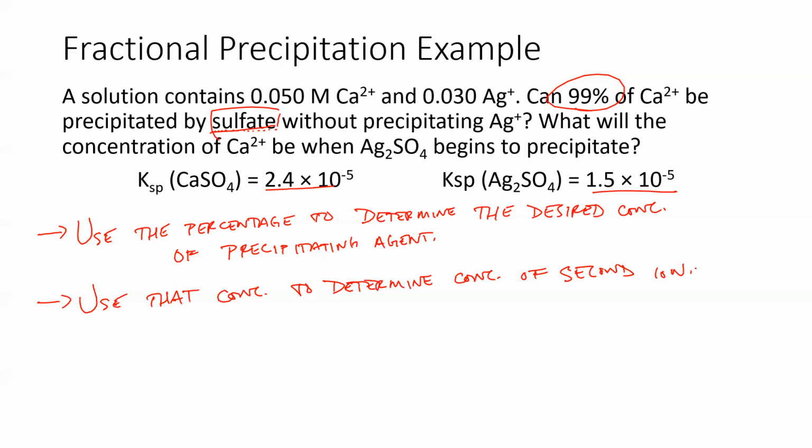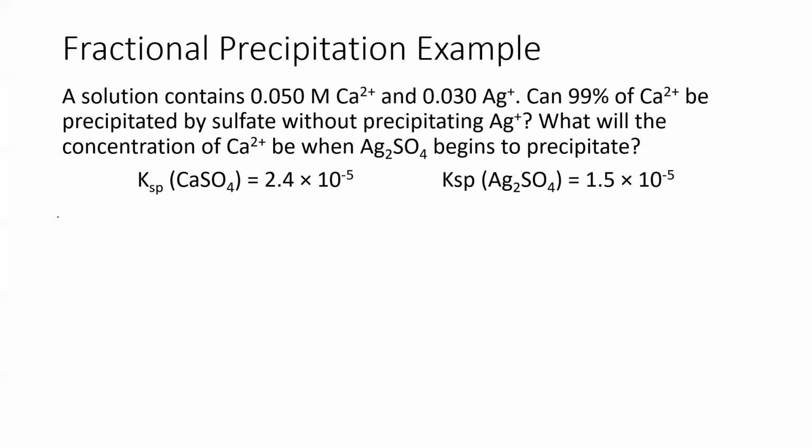Okay. So let's do some math. 99% of calcium precipitated means that 1% of calcium is left. If I start with 0.05 molar, 1% of that is 0.0005 molar.